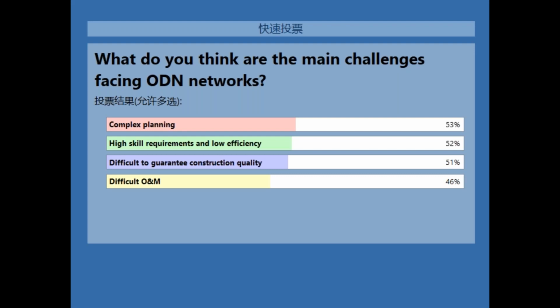Okay, let's give some comments. For the planning, I think the planning is very important because the fiber network can provide multiple services. Especially the planning for multi-service is very important. We think that first we should find which area is very important and where we can get a good ROI.